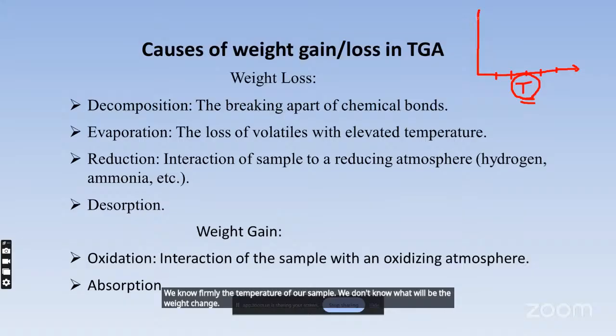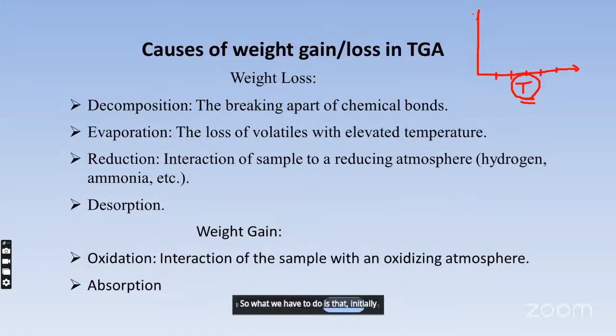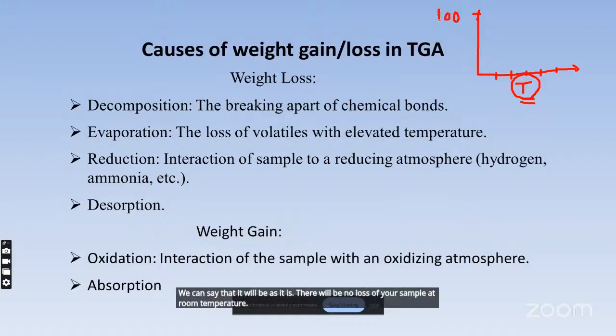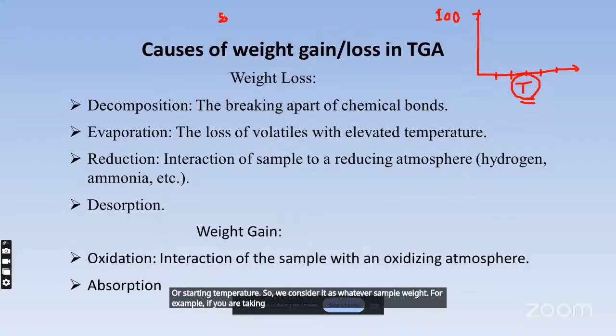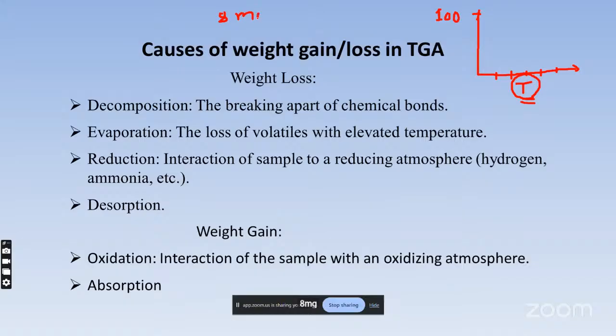Initially the weight of your sample will be as it is. There will be no loss of your sample at room temperature or starting temperature, so we consider it as whatever the sample weight is. For example, if you are taking 8 mg of sample for analysis, you have to relate this 8 mg to 100%.